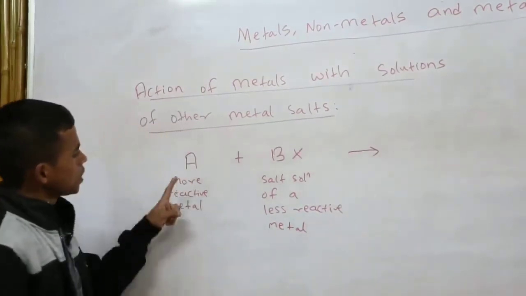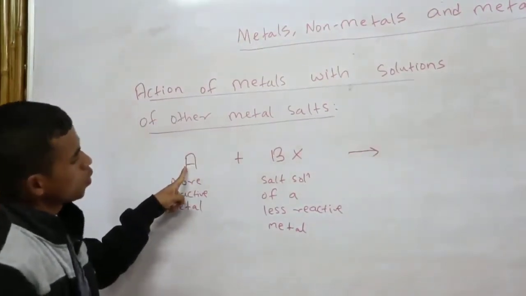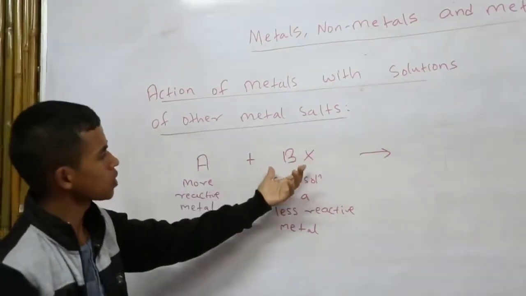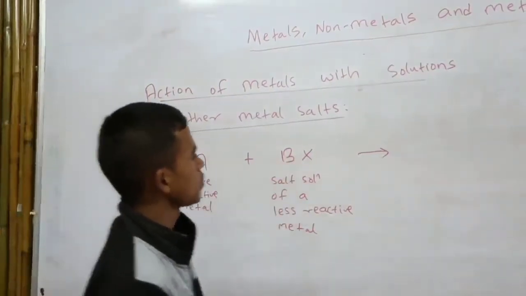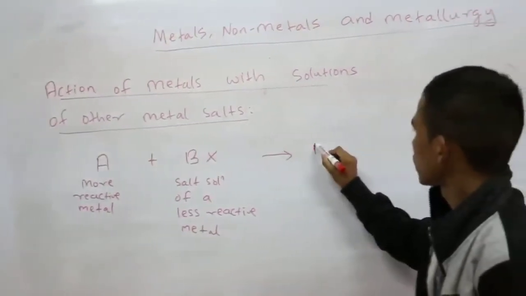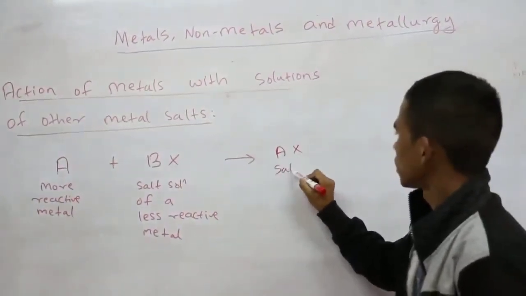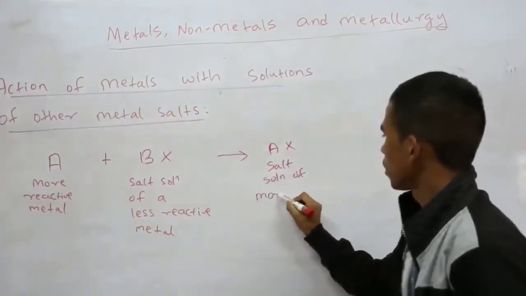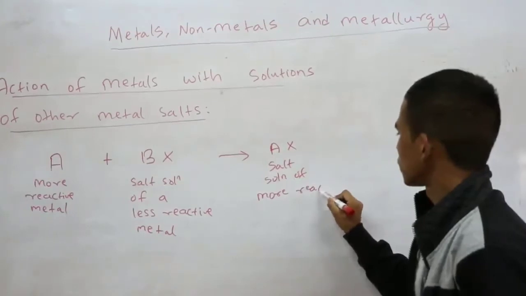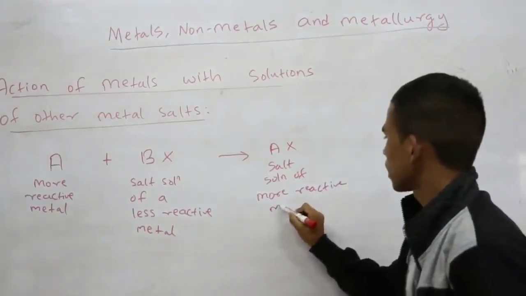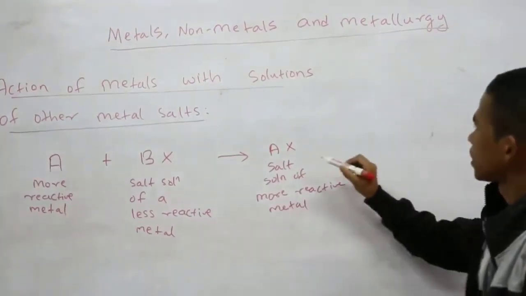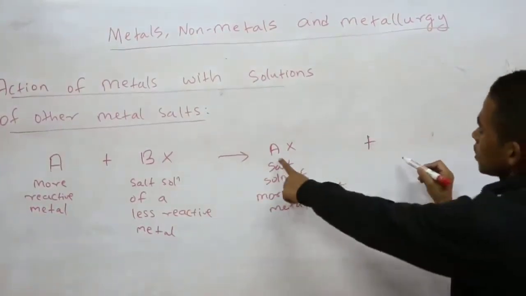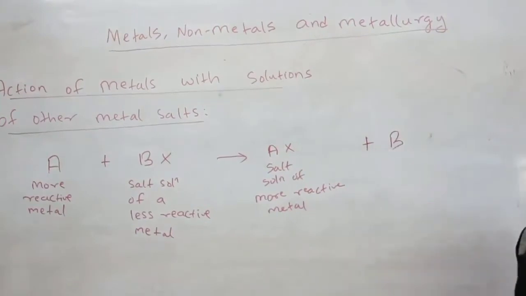Then this more reactive metal will displace the less reactive metal from the aqueous salt solution of the less reactive metal, to form the salt solution of the more reactive metal, and the less reactive metal will be displaced by this more reactive metal.